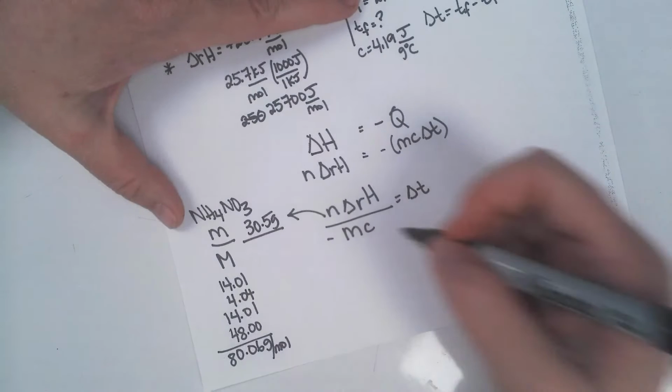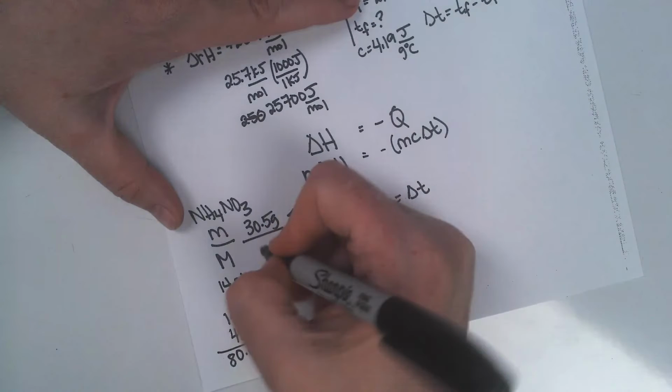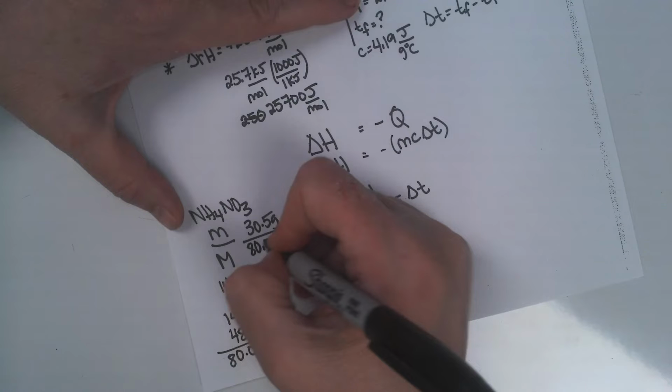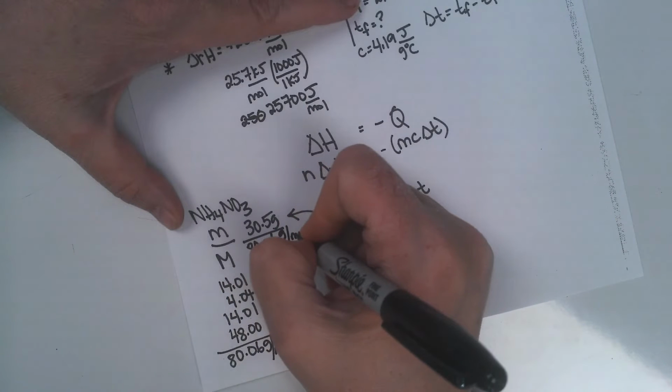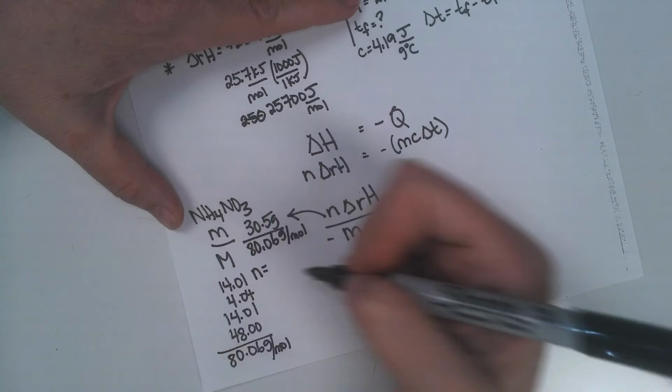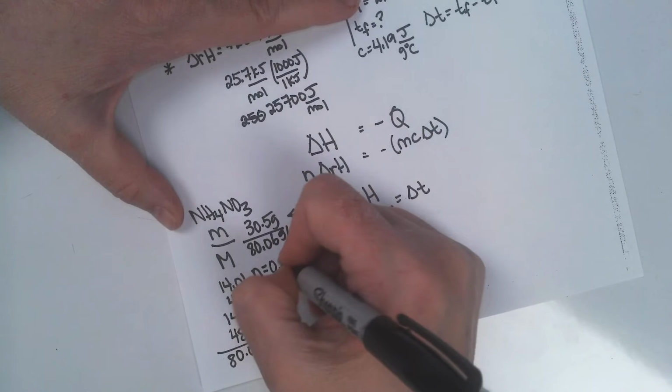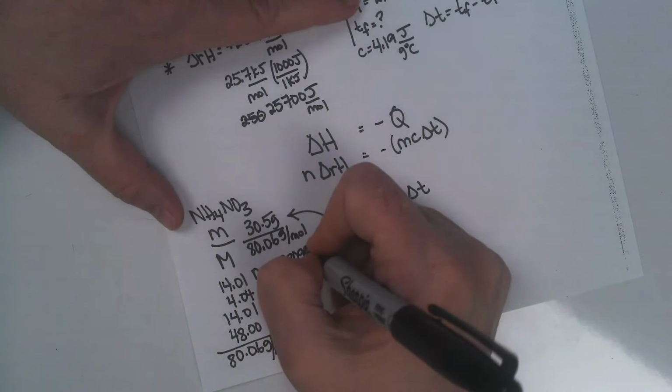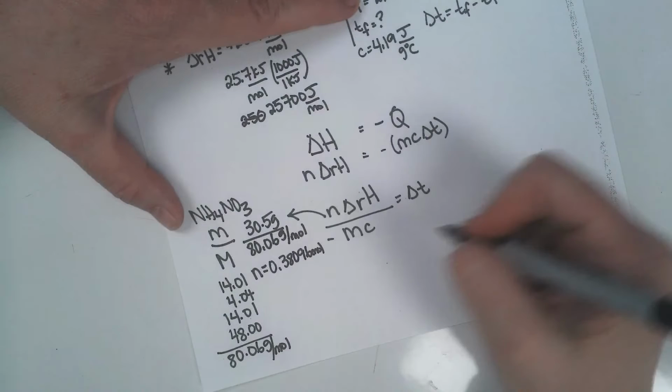When we put it into m over capital M, n is going to be 0.38096 moles.